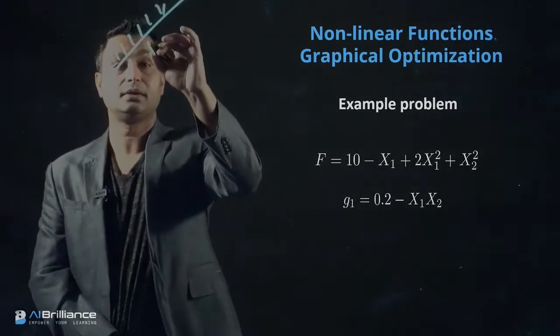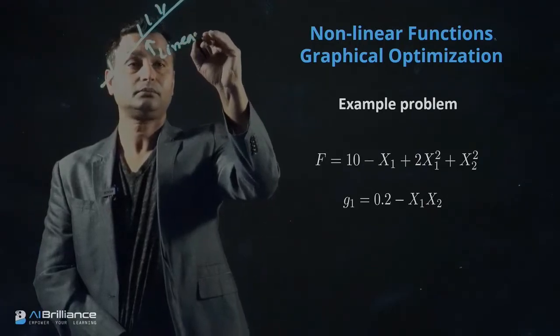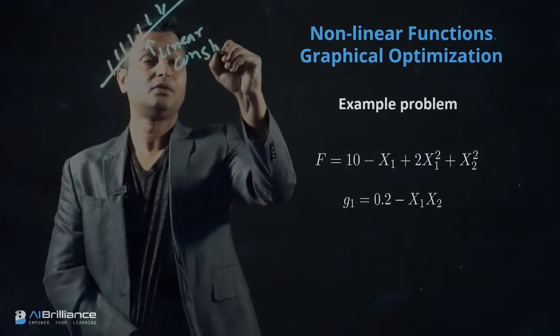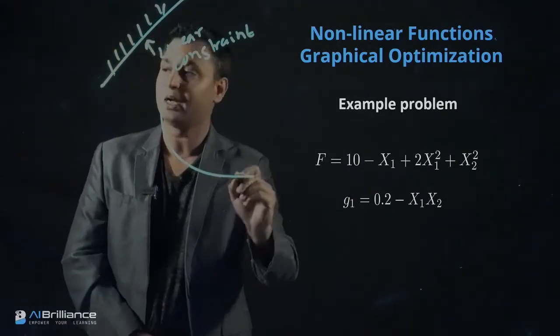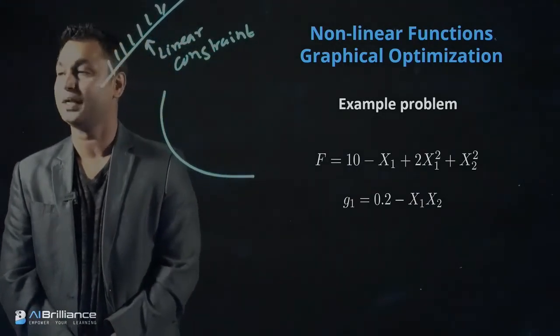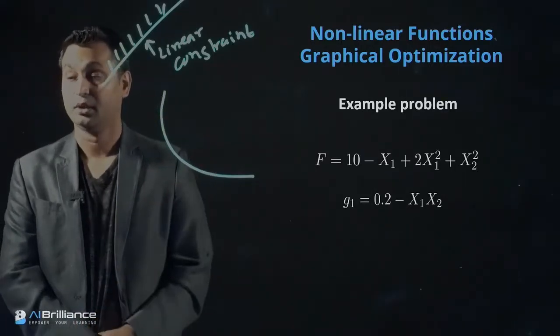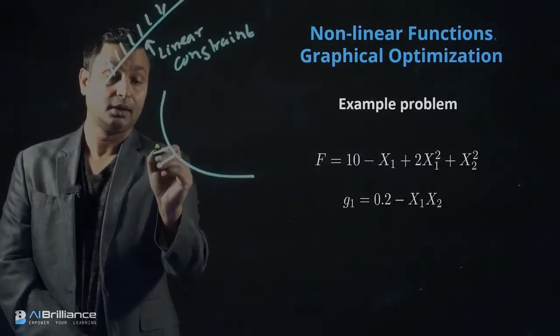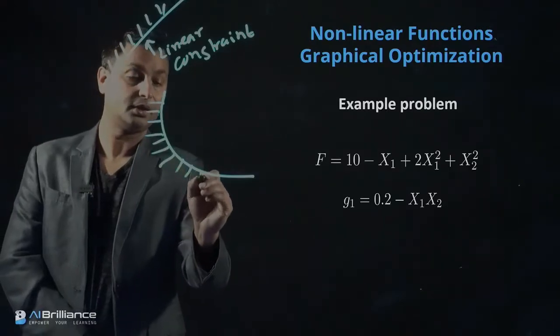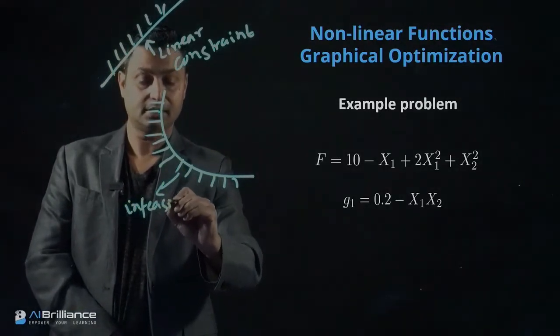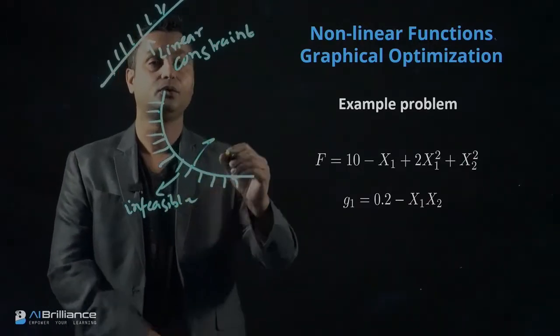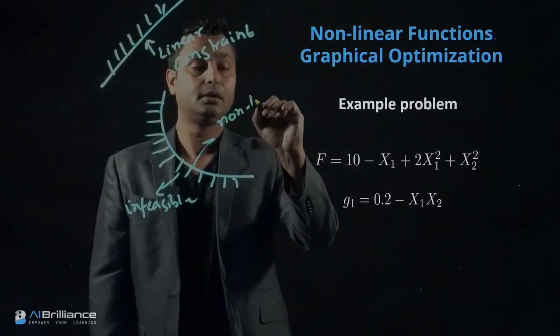That is essentially for a linear constraint. But when there is a non-linear constraint, it might not look like a line. It might be some contour, a non-linear function plot. So in this case, you might have this region being infeasible. This is an example plot or contour for a non-linear constraint.